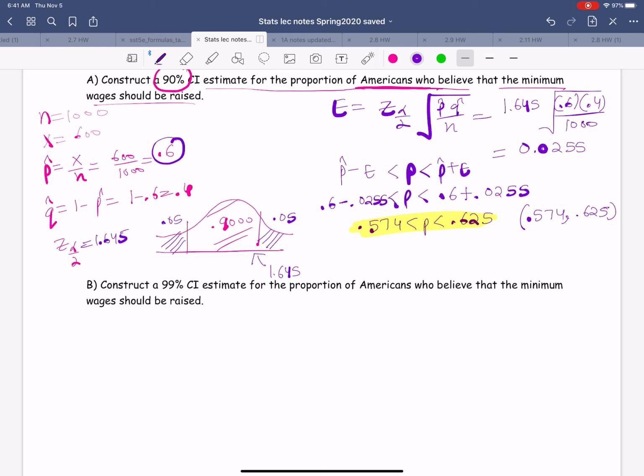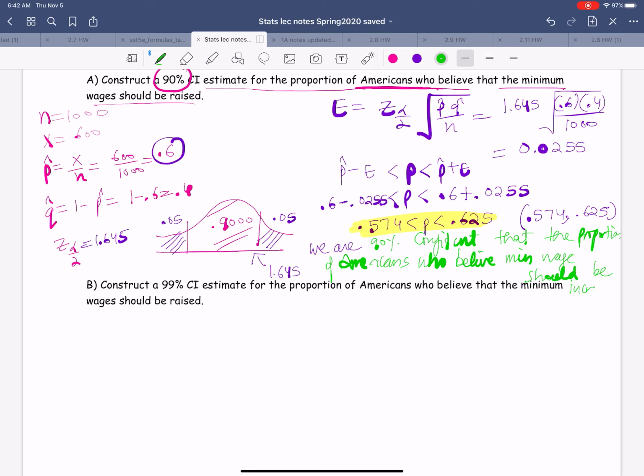All right, so now how are we going to interpret? We are 90% confident that the proportion of Americans who believe minimum wage should be increased lies in, and we can express it in terms of percentage as well, 57.4% to 62.5%.